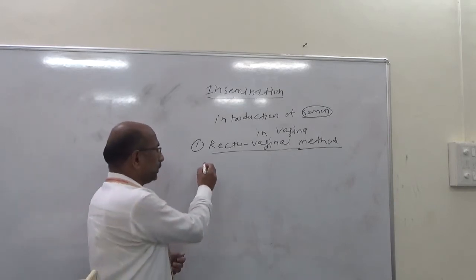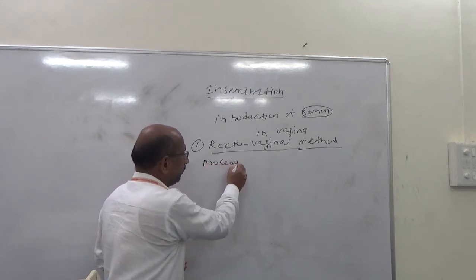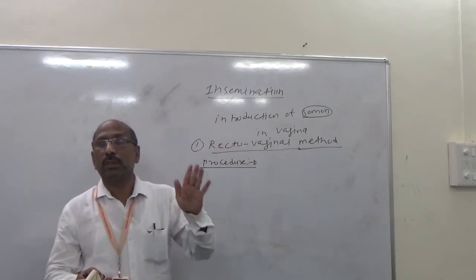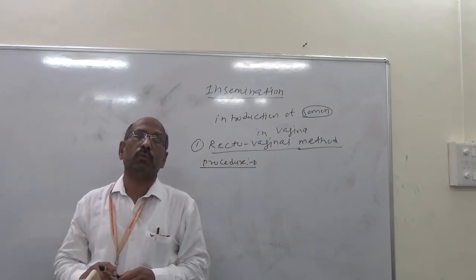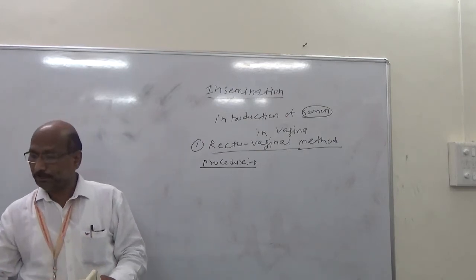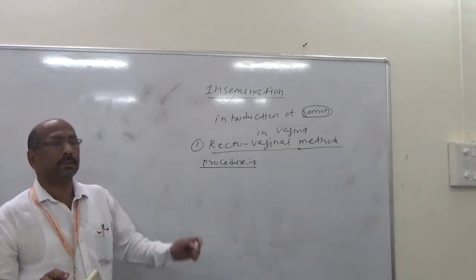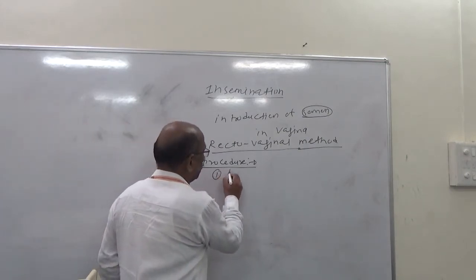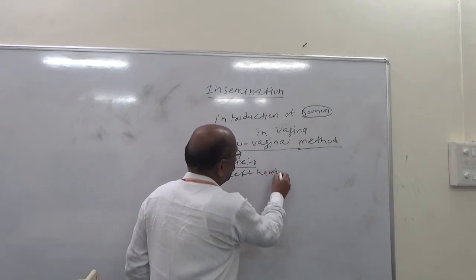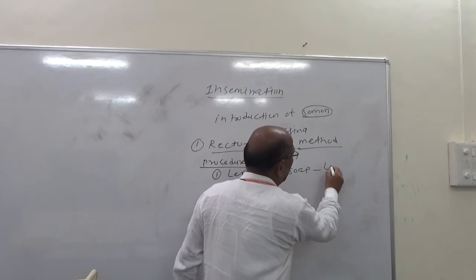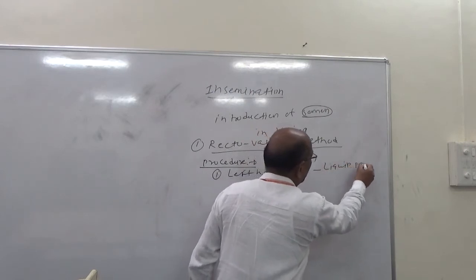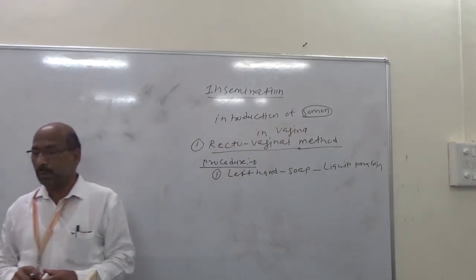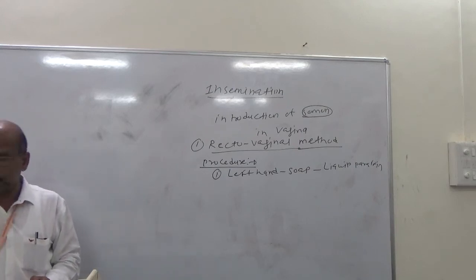So what is the procedure of the insemination technique by rectovaginal method? Firstly, wash the left hand with soap, and after washing with soap, lubricate it with liquid paraffin. The first procedure is to wash the left hand with soap and lubricate with liquid paraffin.